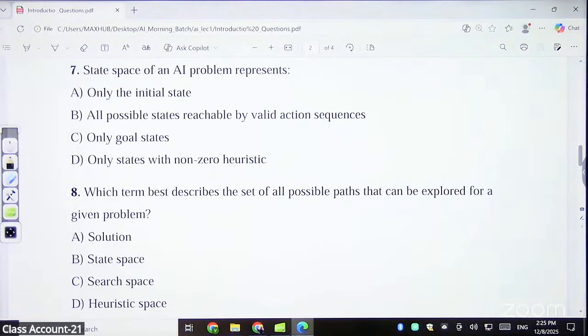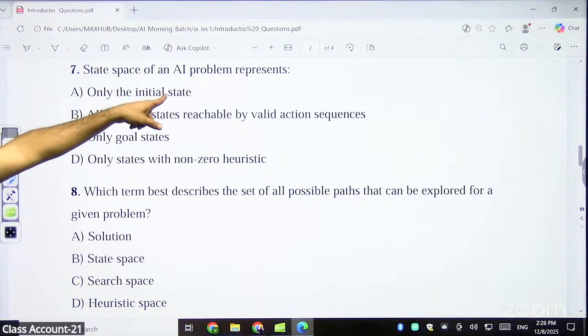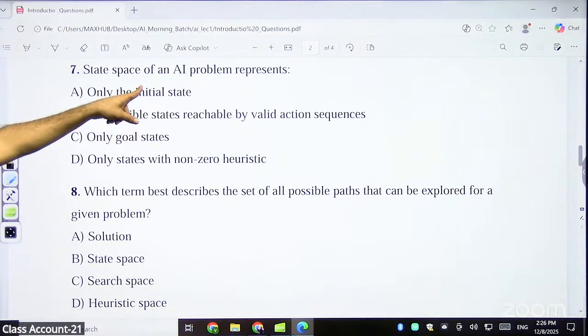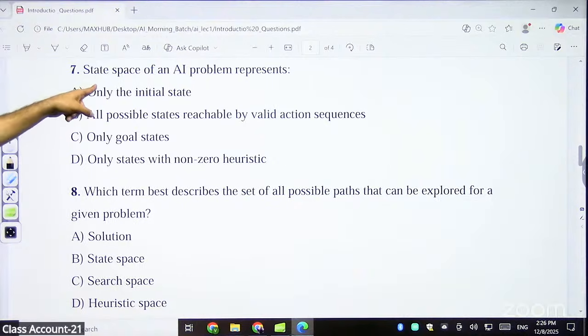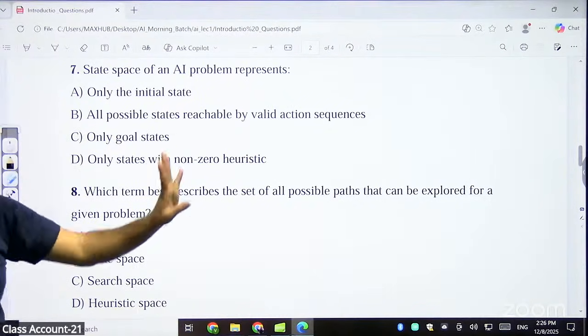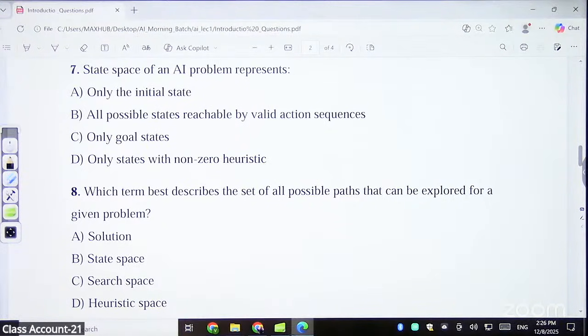Question number 7. What does the state space of an AI problem represent? The correct option is all possible states reachable via valid action sequences.